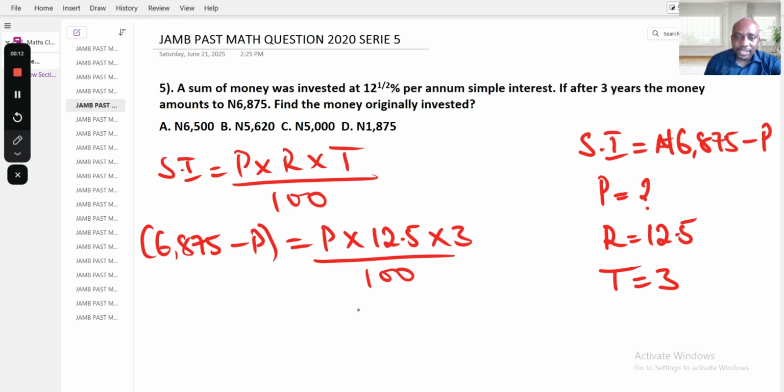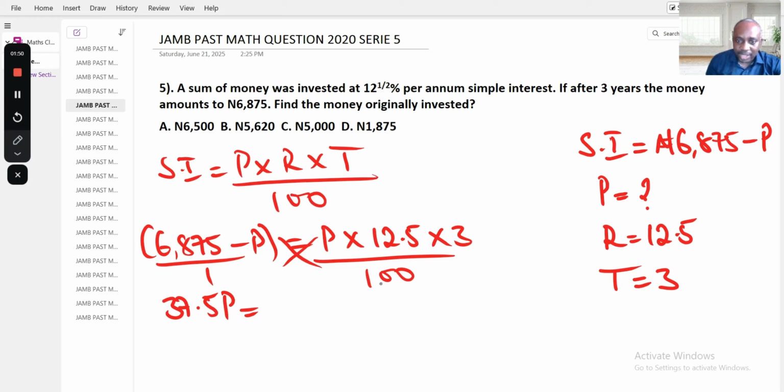Now the next thing we are going to do, let's cross multiply. 12.5 times 3 is going to give us 37.5p, isn't it? And now we have 100.